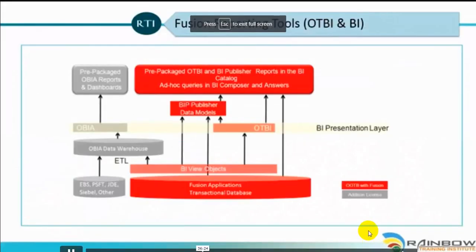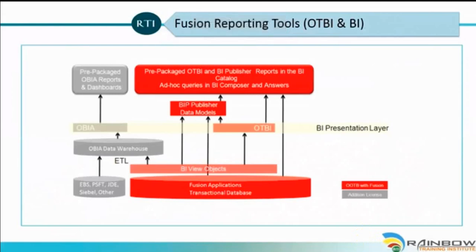Right. So, coming to the architecture, it is a complete OBIEE architecture, right? Here, whatever is given as red is out of the box with Fusion in the SaaS model. Whatever is given as gray needs additional licensing.